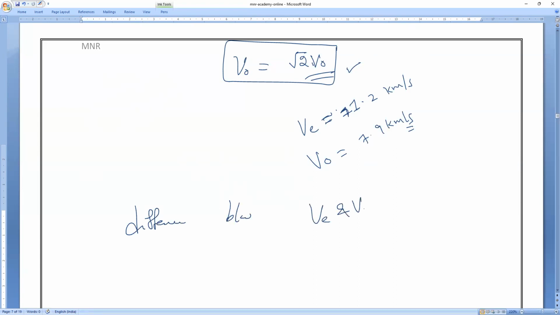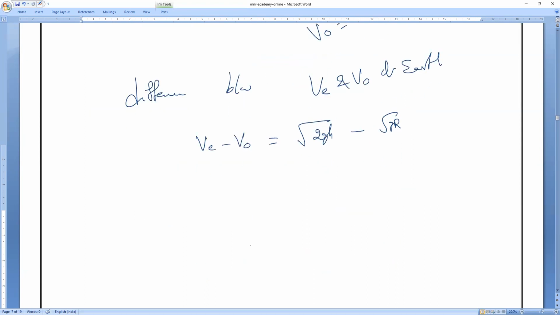The difference between escape velocity and orbital velocity of Earth is root over 2gR minus root over gR, that is, escape velocity minus orbital velocity.